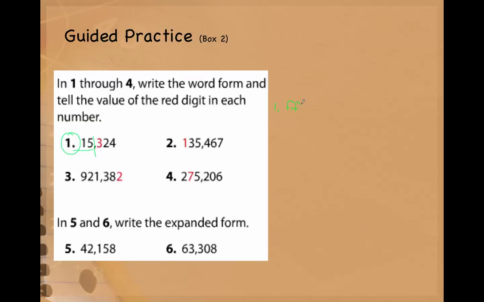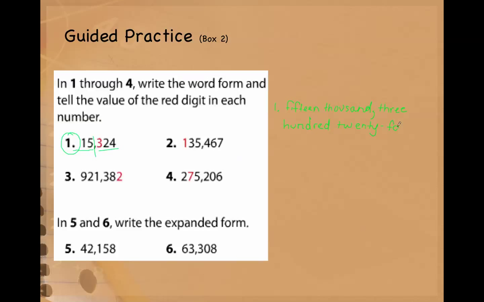So this is 15,000. And then the second part of the number, which would be 324. So I need a comma. Don't forget your comma. 324 is a 2-digit number, so I need a hyphen.